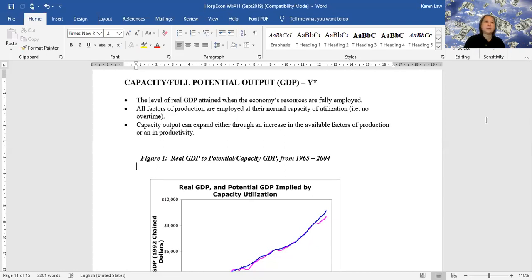Normal capacity of utilization, I would say, is probably different in different countries. Especially for labor, it has to do with what full employment labor is.